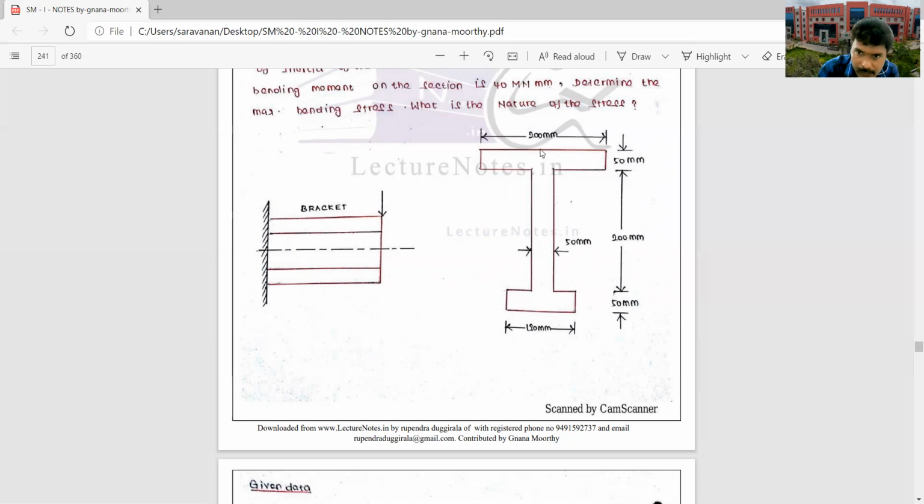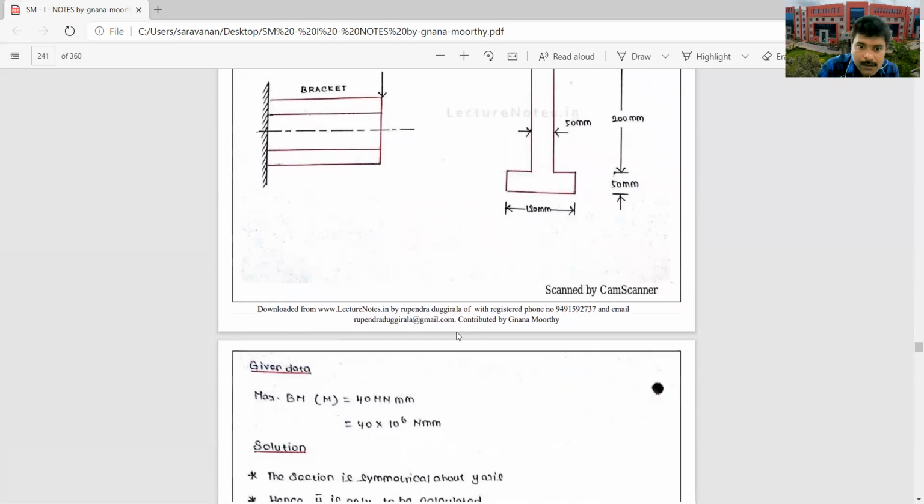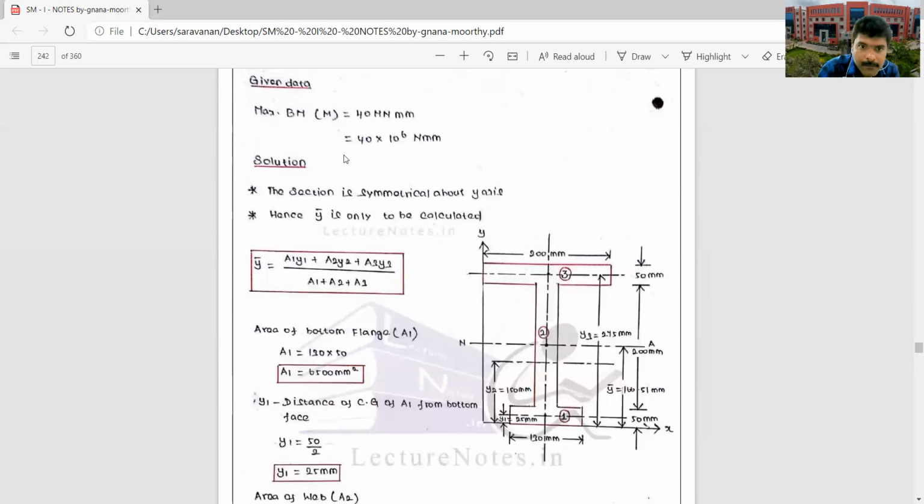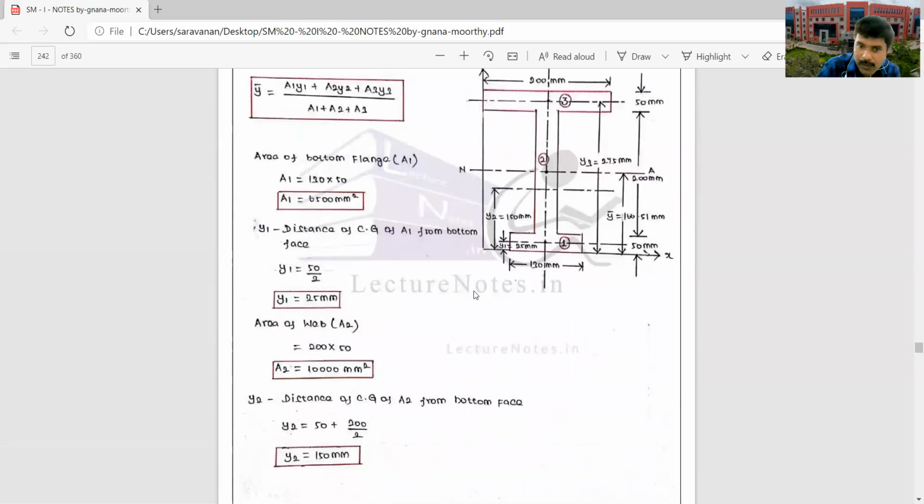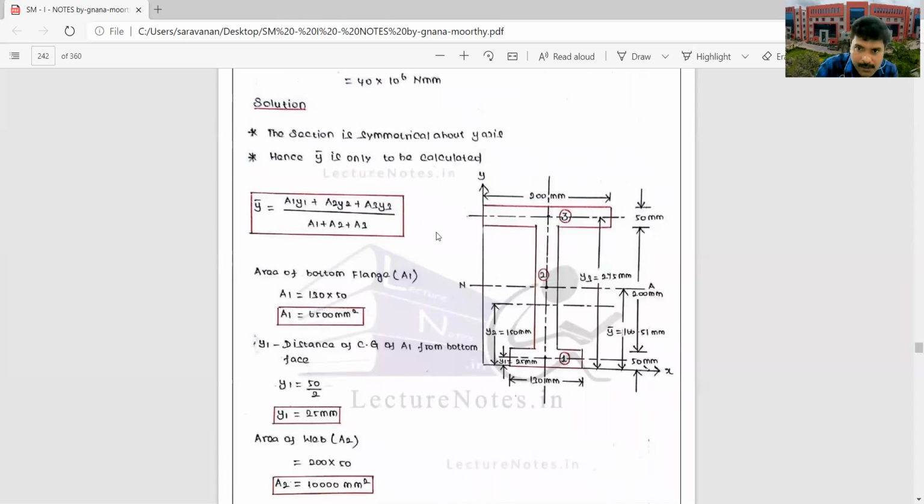So here you have to find out y bar. The given data is bending moment M = 40 MN mm. The section is symmetrical about the y-axis, so only y bar is to be calculated. You know how to calculate y bar: divide this I section into 3 sections, the bottom flange section 1, the middle web section 2, and the top flange section 3.